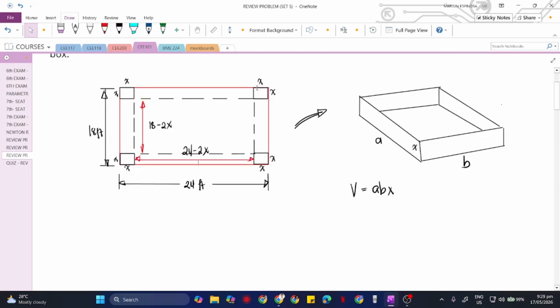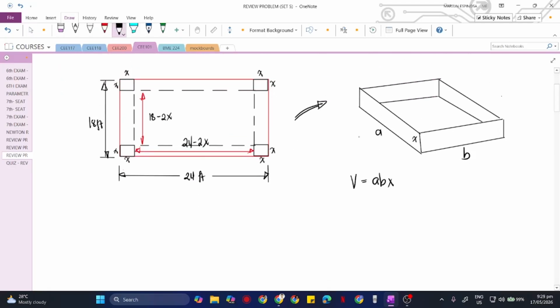Let's say this is our a, and this right here is our b.